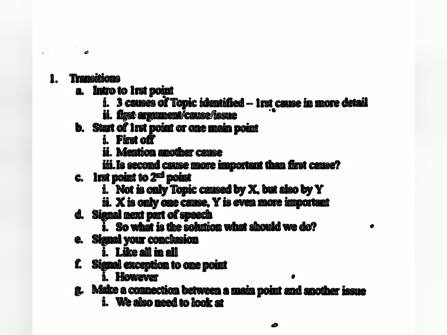So what is the solution? What should we do? E. Signal your conclusion. Like all in all. F. Signal exception to one point. However. G. Make a connection between a main point and another issue. We also need to look at.